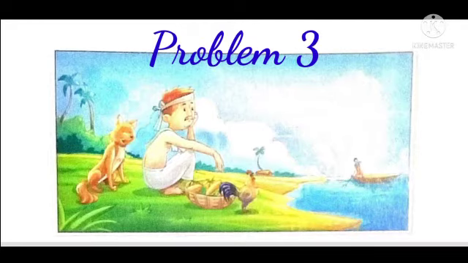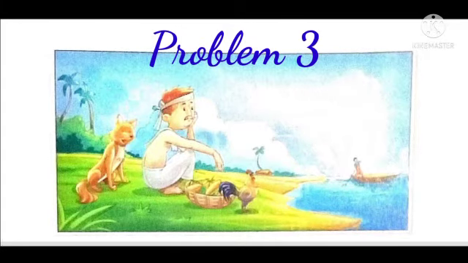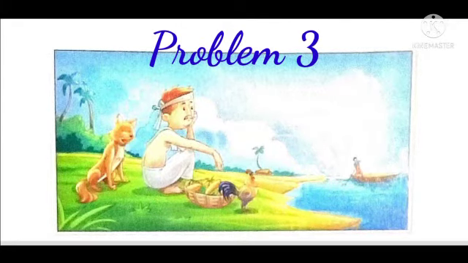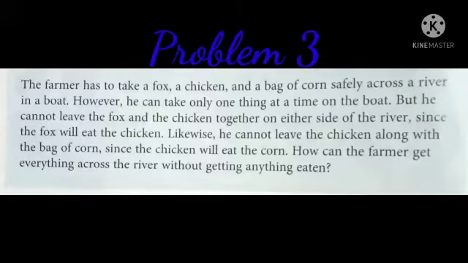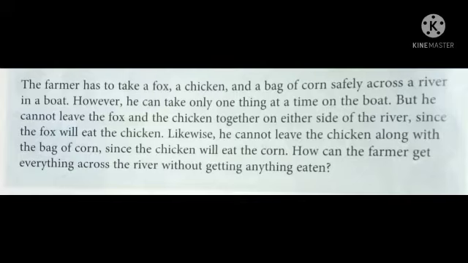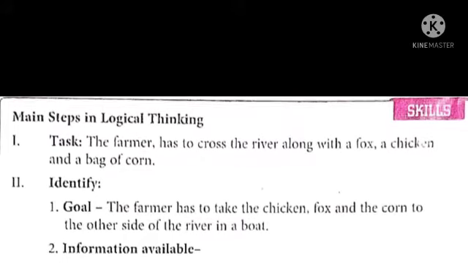However, he can take only one thing at a time on the boat. But he cannot leave the fox and the chicken together on either side of the river, since the fox will eat the chicken. Likewise, he cannot leave the chicken along with the bag of corn, since the chicken will eat the corn. So, how can the farmer get everything across the river without getting anything eaten?